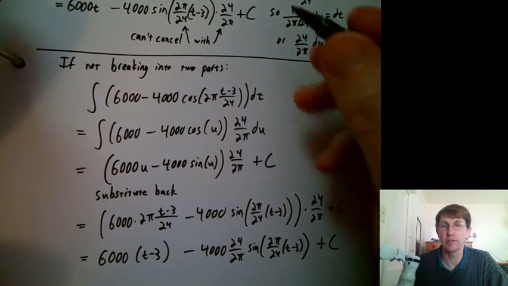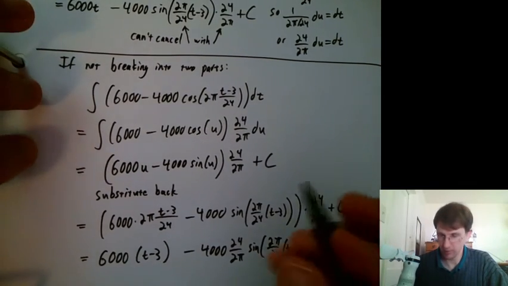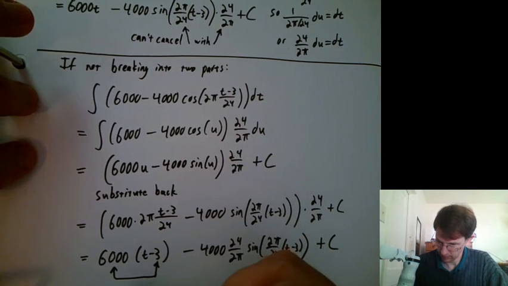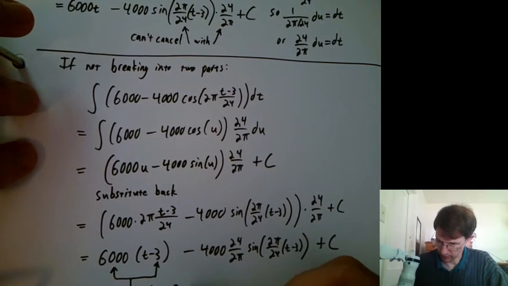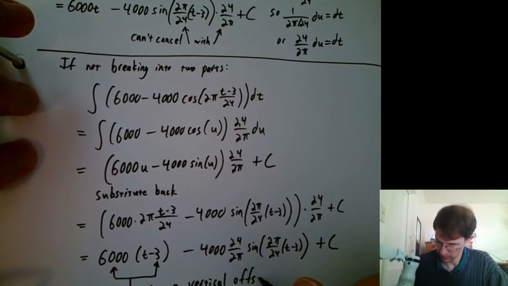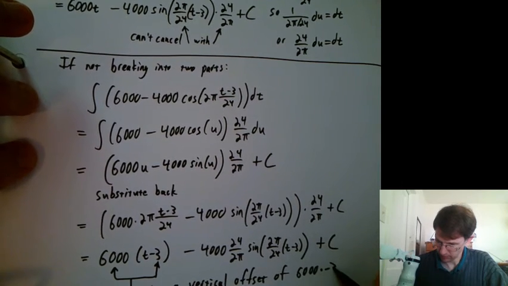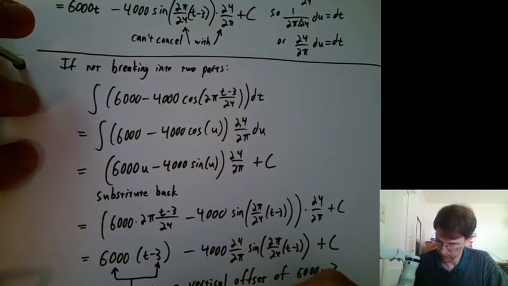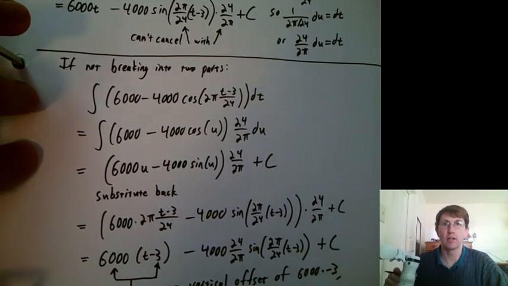I can adjust the plus c by 6,000 times negative 3, and then I get the same answer. So these together give it a vertical offset of 6,000 times negative 3, which is absorbed in the plus c the first way we did it.